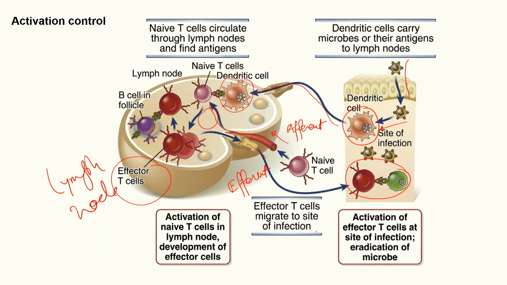So this is actually a loop, and any deviation in this loop can lead to a sustained disease condition or a non-effective immune response towards the pathogen. So this is about the lymph node, and how these cells are matured in the lymph node.